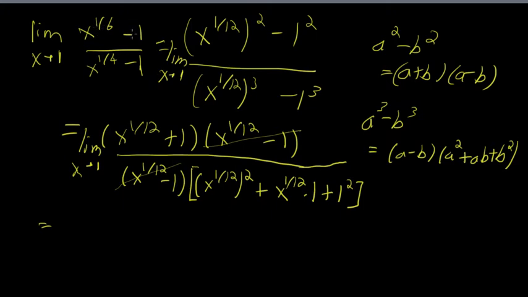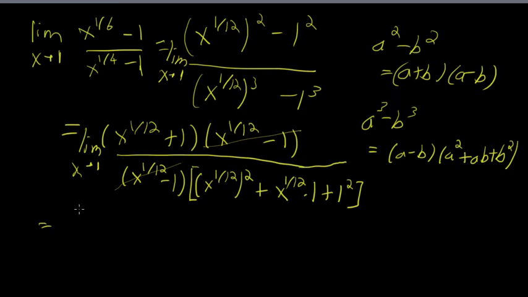And you subtract 1 from 1, you get 0. So as x gets close to 1, x to the 1/12 gets close to 1, you subtract 1, you get 0, and that same issue is present here in the denominator. This cancellation allows us to get around that 0 divided by 0.